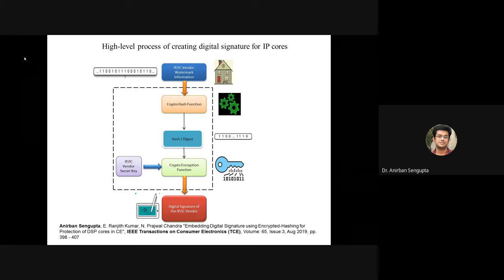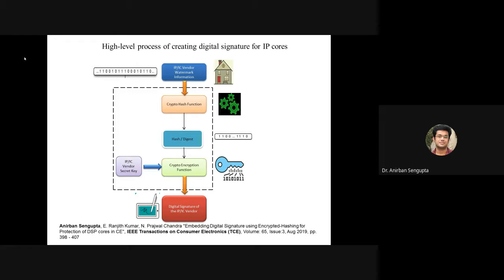Diagrammatically speaking, the first step would be to capture the IC watermark information from the design itself. So instead of taking a signature from the vendor, here the signature is actually created using some encoding rule from the design itself, which is a DSP application.